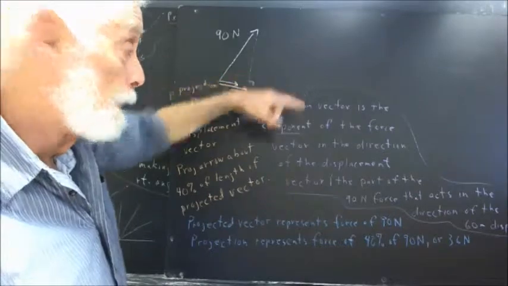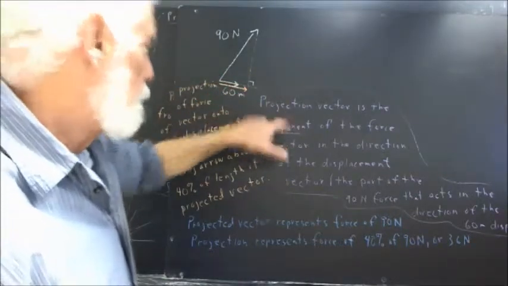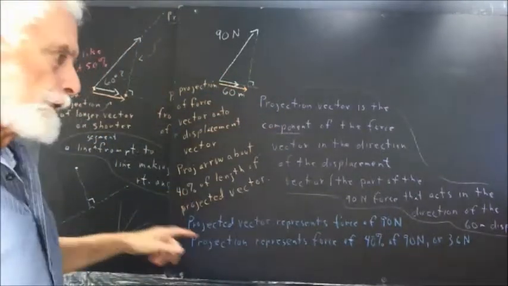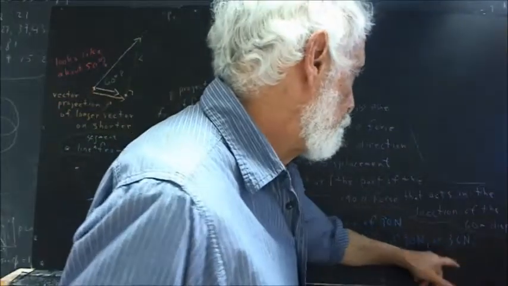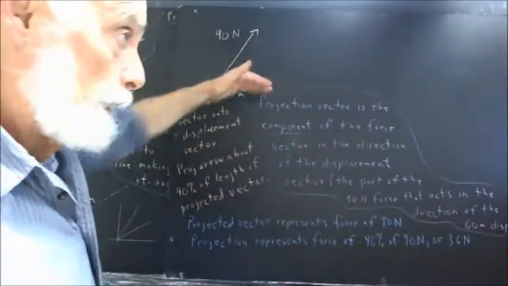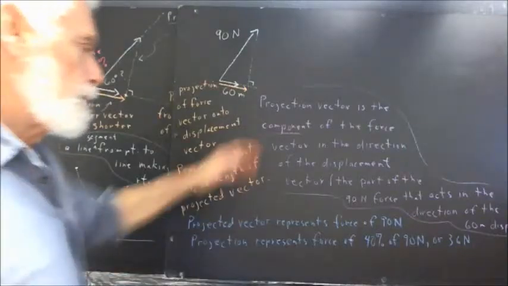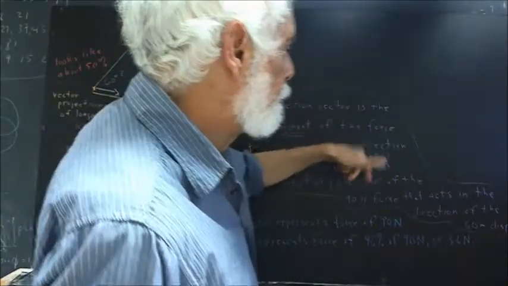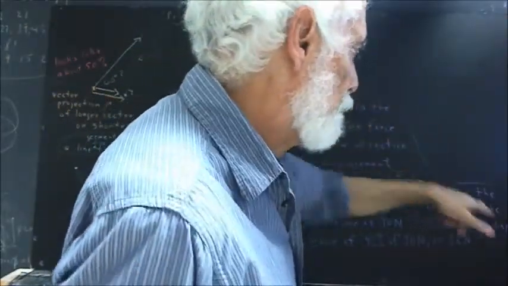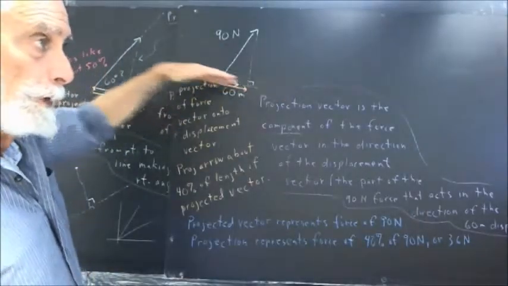The component we estimate to be 36 newtons, in the direction of the displacement. And that component is the part of the 90 Newton force that acts in the direction of the 60 meter displacement.